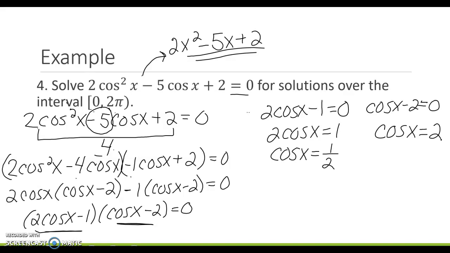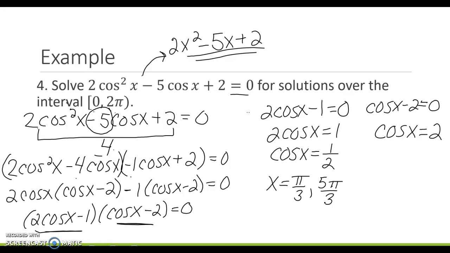So let's start on the left-hand side here where cosine of x equals 1/2. Cosine of x equals 1/2 at the angle pi over 3 and at the angle 5 pi over 3. So those are two solutions. Over here, cosine of x equaling 2. Well, if we look on the unit circle, we're not going to find any values where cosine of x equals 2.